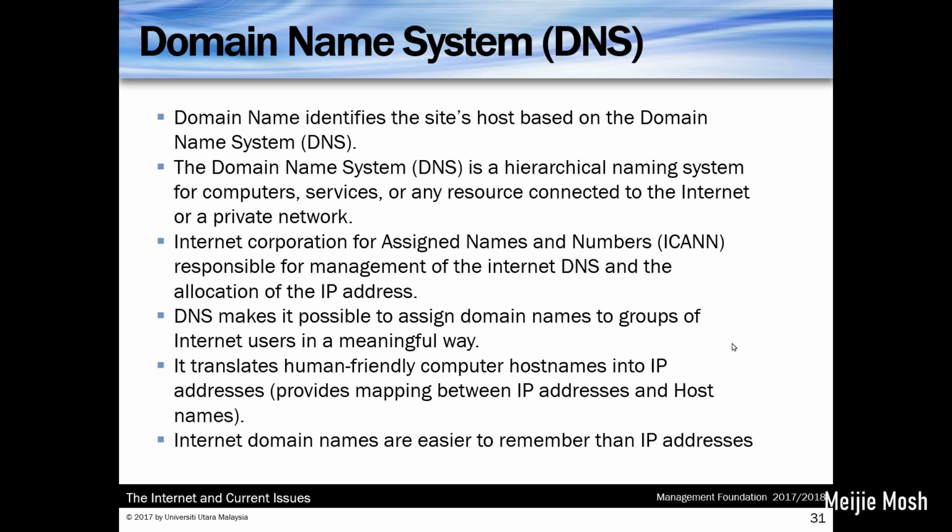A domain name identifies the site's host based on the domain name system. The domain name system is a hierarchical naming system for computers, services, or any resource connected to the internet or a private network. The Internet Corporation for Assigned Names and Numbers, ICANN, is responsible for management of the internet domain name system and the allocation of IP addresses. DNS makes it possible to assign domain names to groups of internet users in a meaningful way.